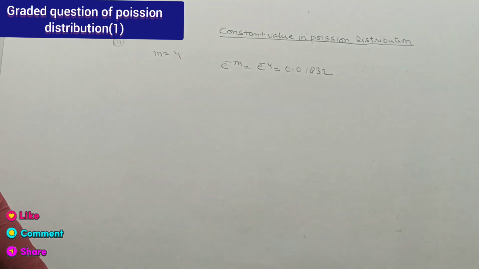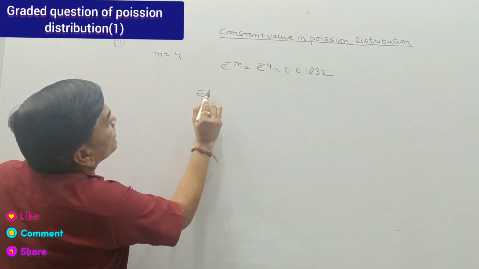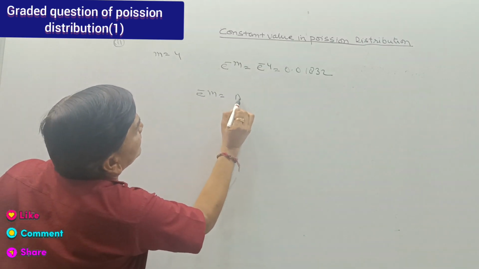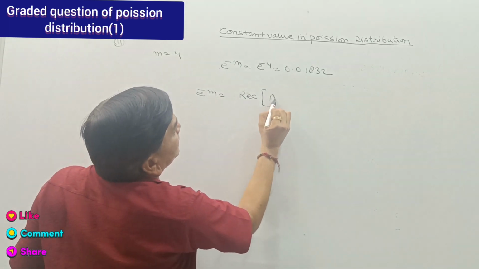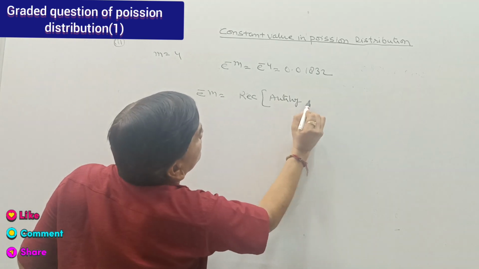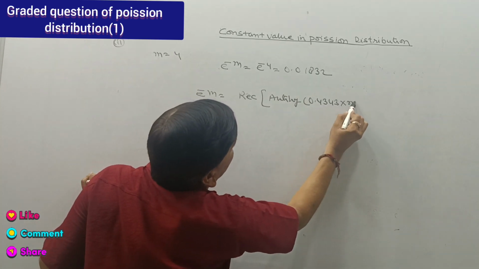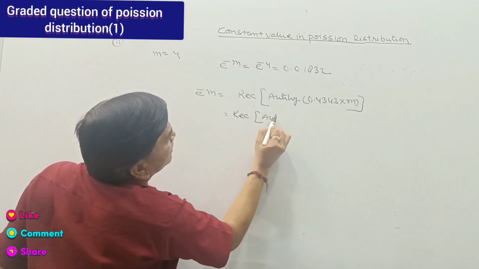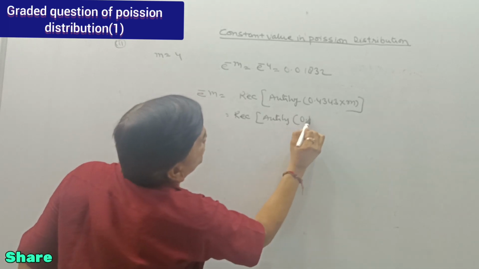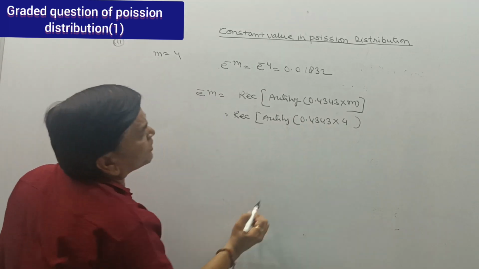This is from the table. We have another method to calculate this: e raised to power minus m is the reciprocal antilog of 0.4343 multiplied by m. So the reciprocal antilog of 0.4343 multiplied by 4, the m value is 4.